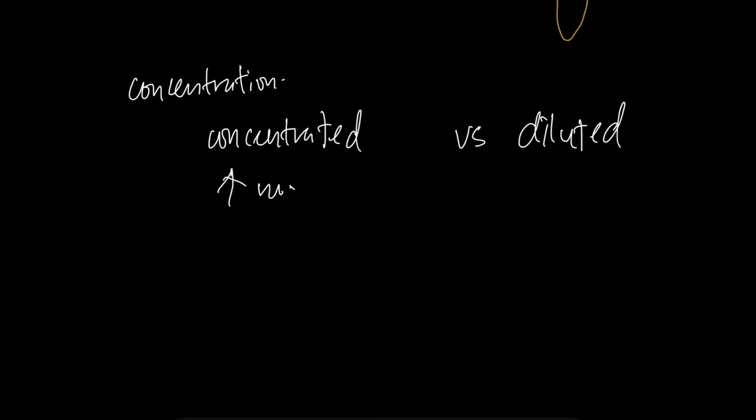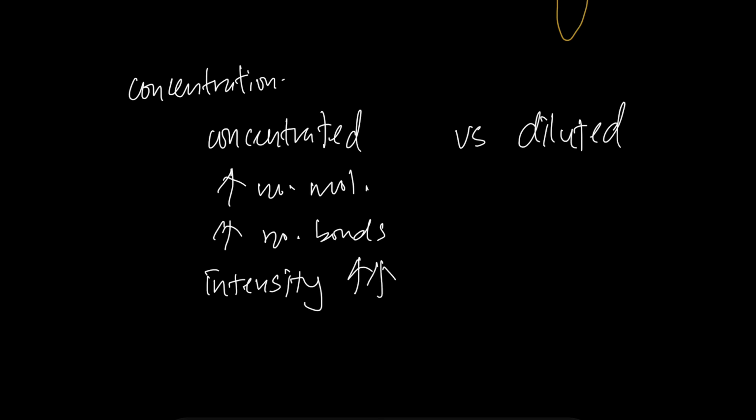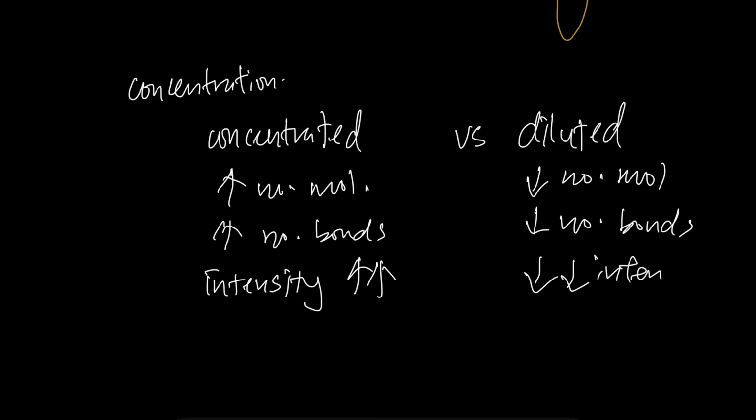When you have a concentrated sample versus a diluted sample, in the concentrated sample you have more molecules, and of course more bonds, and the intensity will be higher compared to the diluted sample, which has fewer molecules, fewer bonds, and lower intensity.